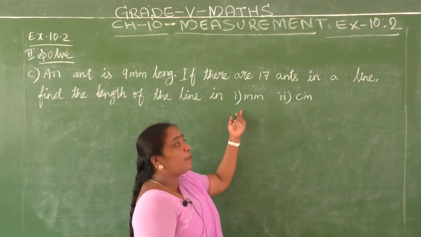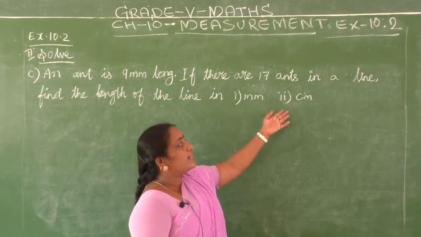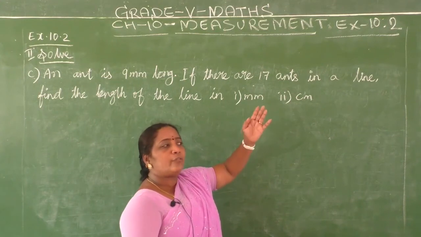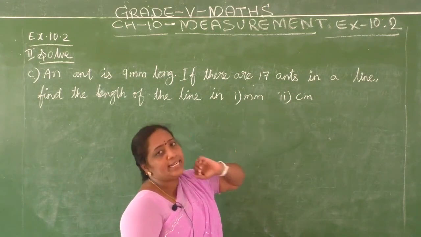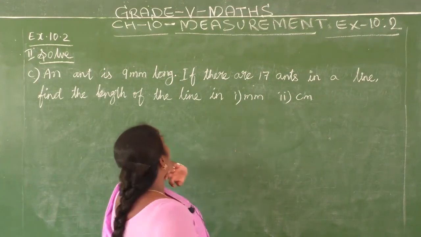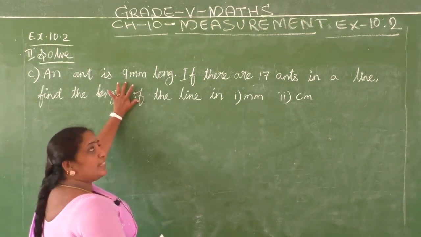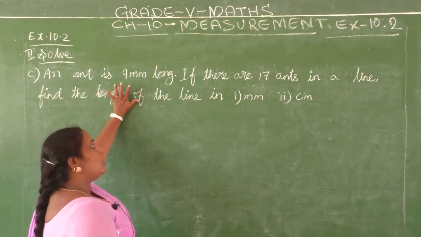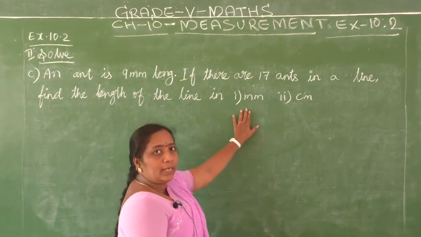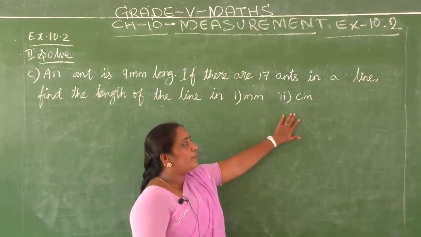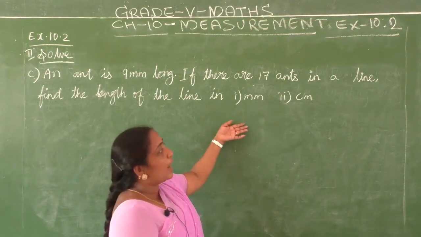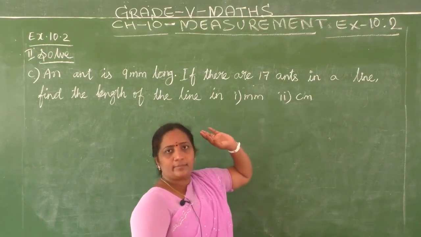First one you have to find in millimeter. Second one you have to find the same answer in centimeter. First answer no problem, because they gave the length of the ant in millimeter only, so automatically it will come in millimeter. Second one only, after you find the answer, you have to convert into centimeter. Right.